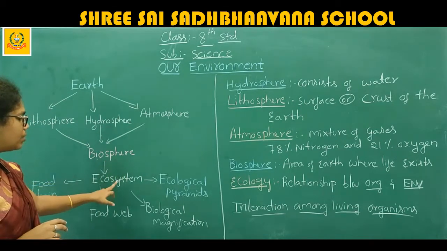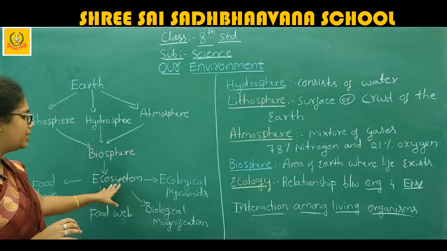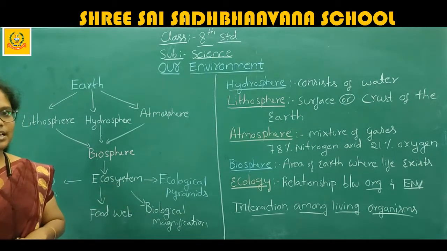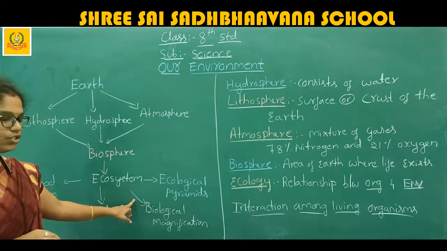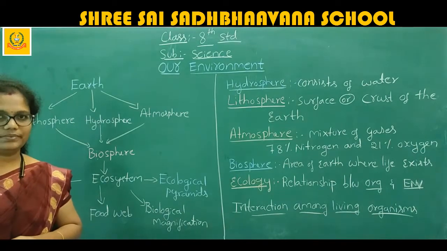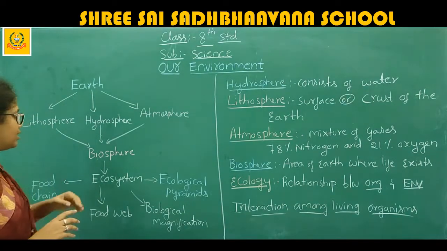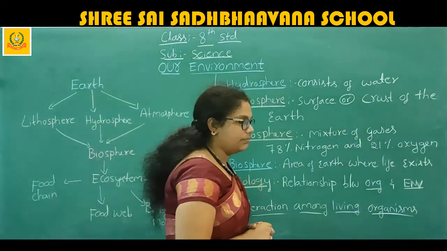The biosphere is also called the ecosystem. This ecosystem mainly has four sub-branches: the ecological pyramid, biological magnification, food web, and the food chain. After seeing this classification, now we are going to discuss them one by one.